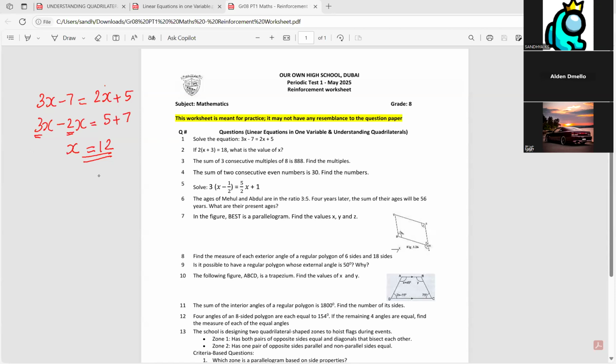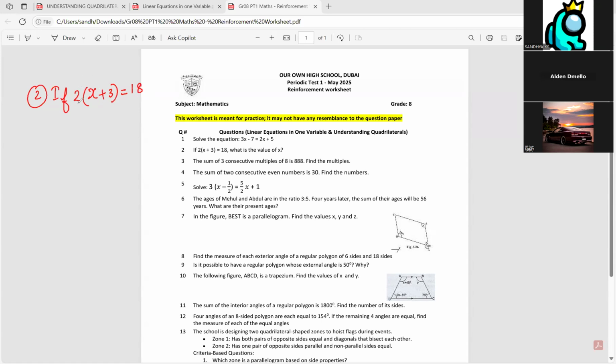Next question. If 2 bracket x plus 3 equal to 18, find the value of x. Here, 2 bracket x plus 3 means it is multiplication.